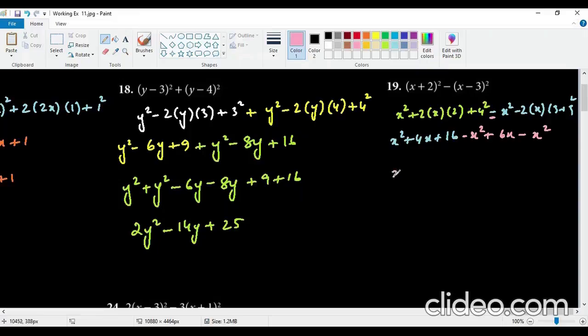So x square minus x square, plus 4x and 6x, and plus 16 and plus 9. So these two are going to be cancelled. 4x and 6x is going to be 10x, plus 25 is going to be your answer.